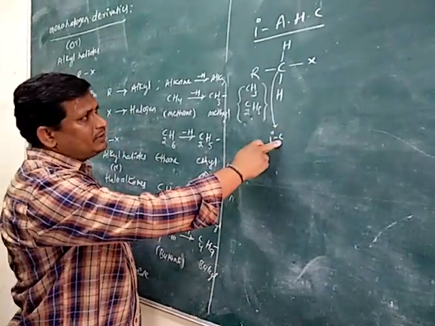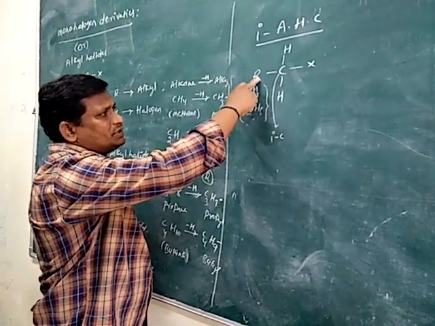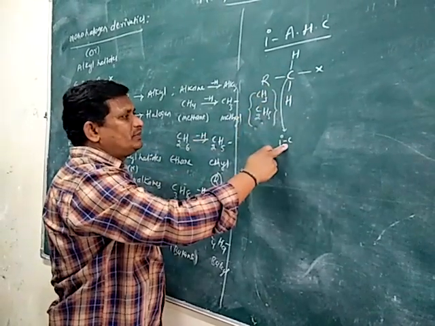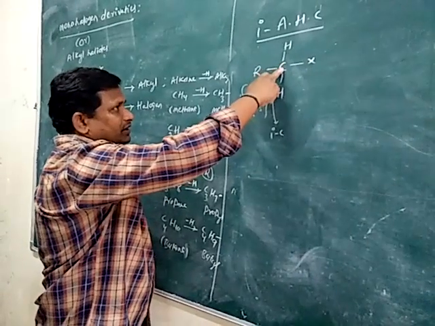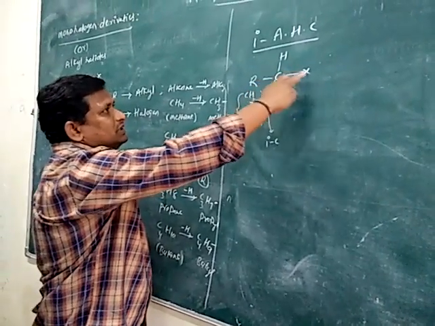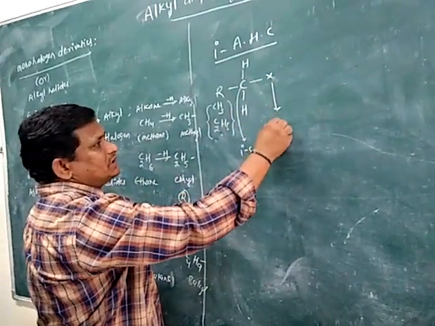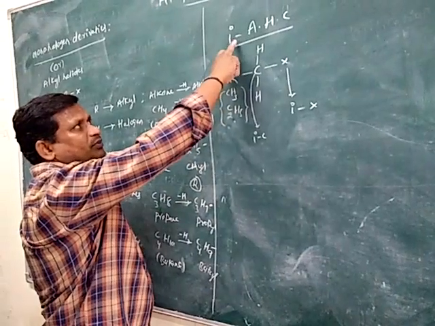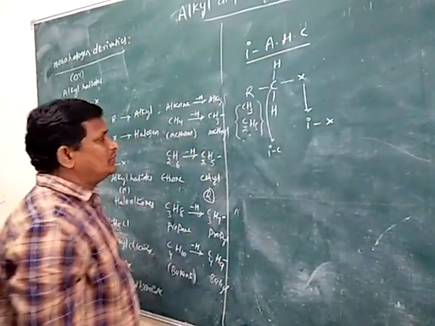Why is it primary? This carbon is attached to only one other carbon, so it is called a primary carbon. The halogen is attached to the primary carbon, so it is a primary halogen. This type of compound is known as a primary alkyl halogen compound.